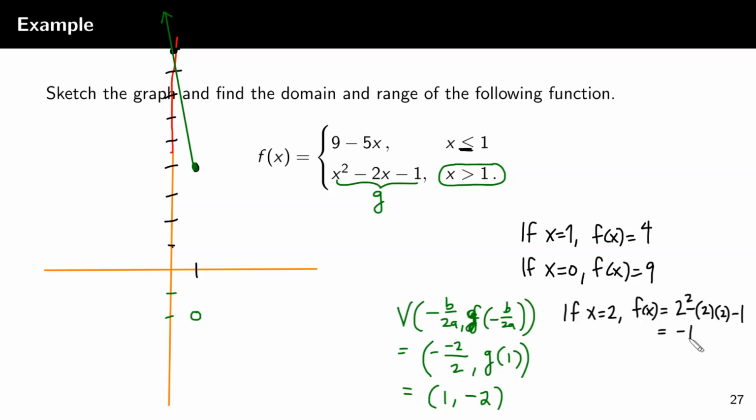That's just equal to negative 1. So when x is equal to 2, y is equal to negative 1. So kung ito yung 2 and then ito yung negative 1, then you just connect the 2 points. So ito yung portion ng parabola, ito naman yung portion ng line. This is now the graph of f of x.